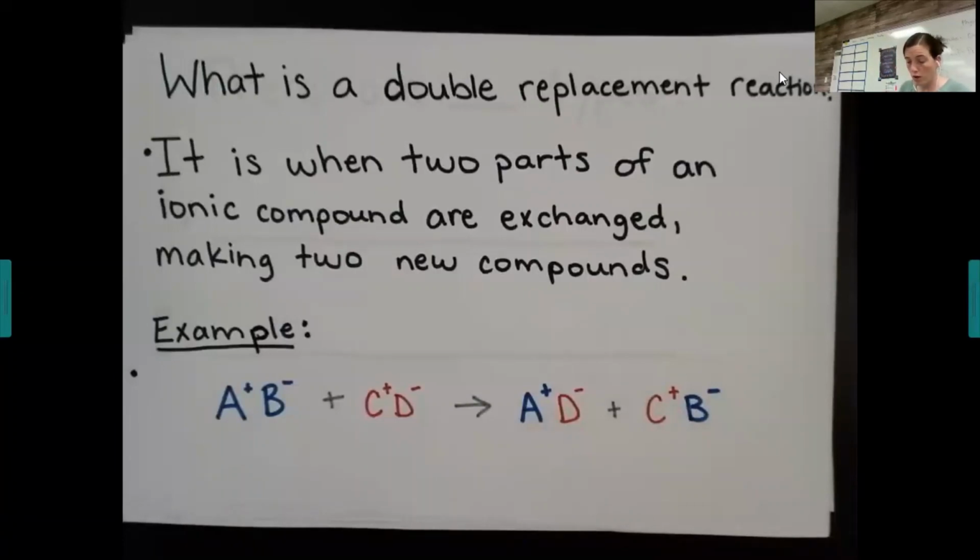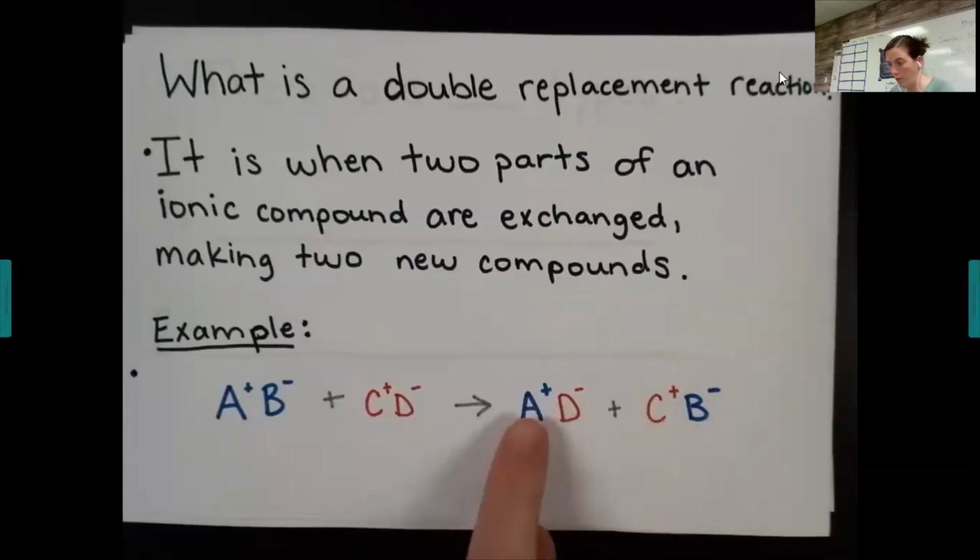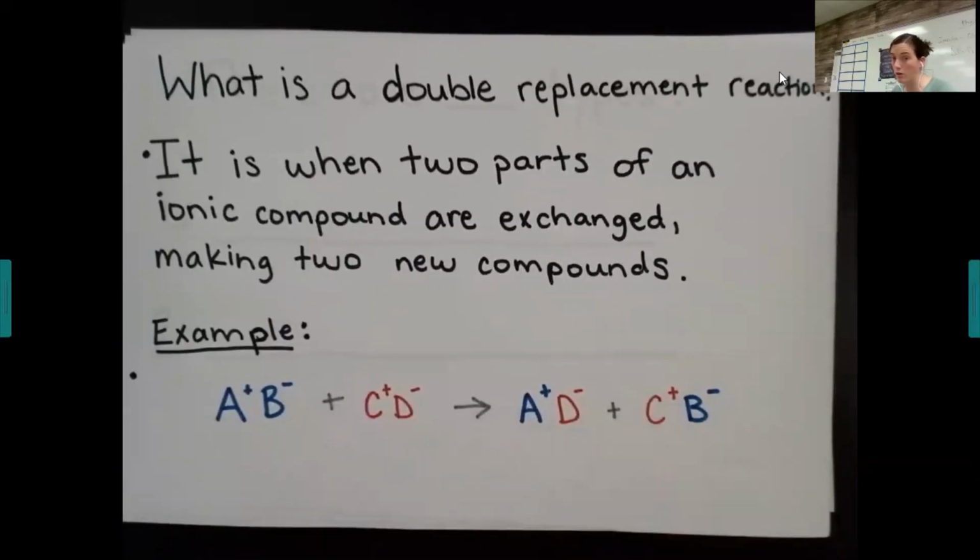Notice that I don't have two positives together over here, or two negatives together. I have a positive with a negative, positive with a negative, and that's how all of the compounds are. Remember that positives are talking about metals, negatives are talking about nonmetals.